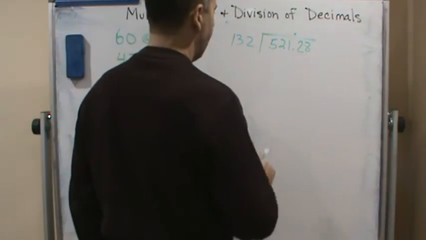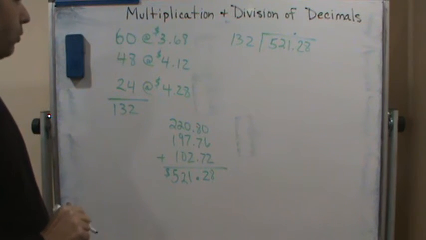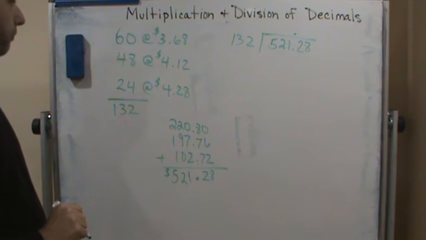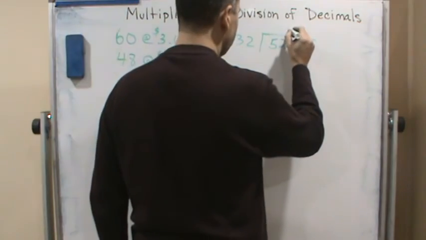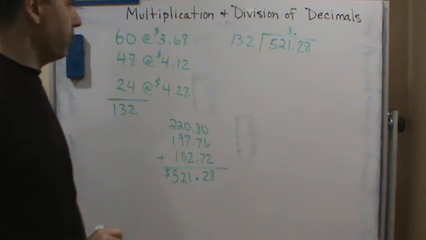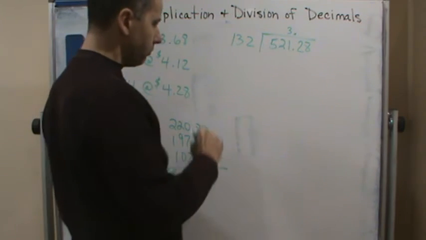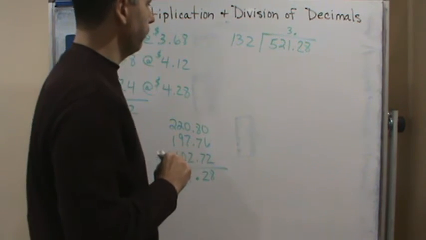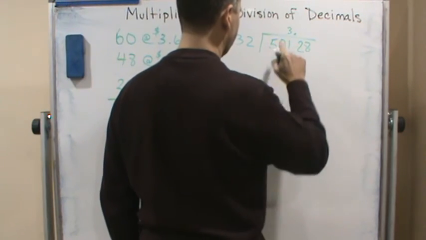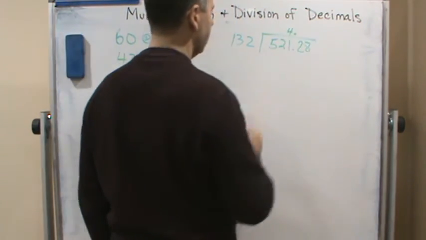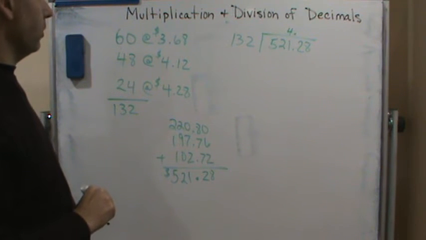Now, how many times does 132 go into 521? That's going to be 3. So 3 times 132 is going to be 396. Oh, wait a minute. No, I think it's 4. 405.28.